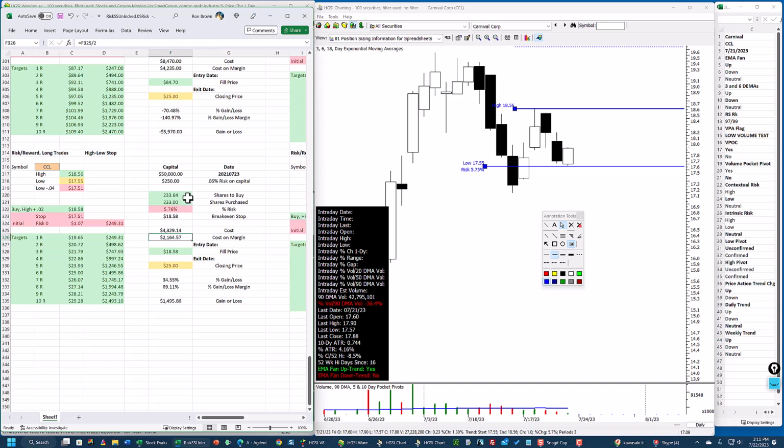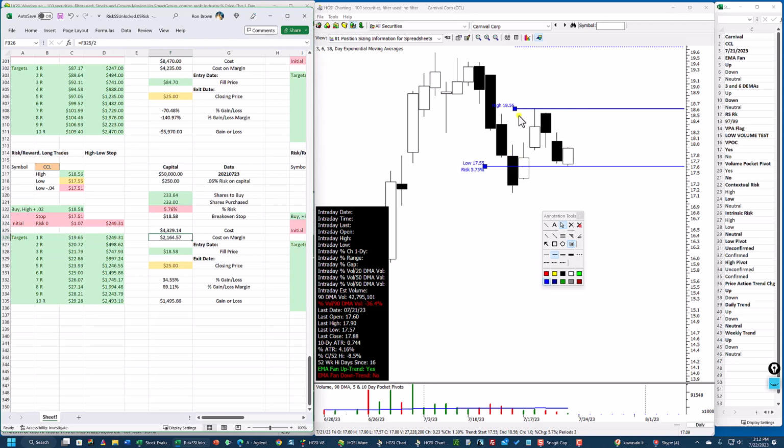So what I will do, if I decide to go with these parameters, is put a buy stop order in Thinkorswim, and it'll get filled automatically. I don't think it's going to gap above this at the open, so it would take some movement.